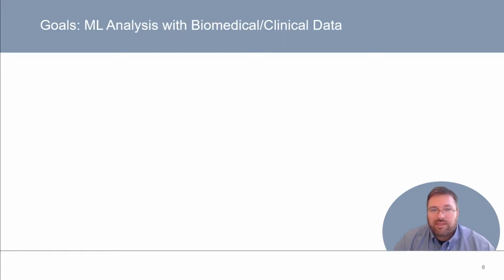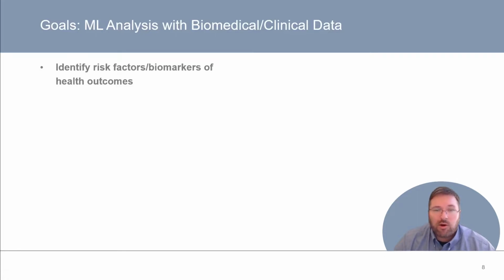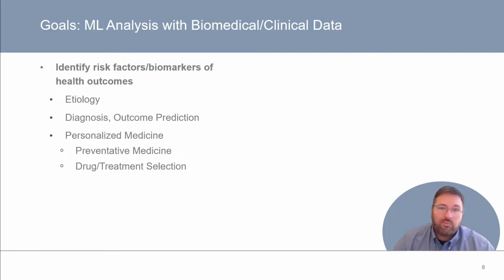Now let's take a look at some of the typical goals of machine learning when applied to biomedical or clinical data. First, we might want to identify risk factors or biomarkers of health outcomes. This might be in order to understand disease etiology, in other words, the cause of disease, to make diagnoses or other outcome predictions using those risk factors, or to improve personalized medicine by predicting who would benefit the most from preventative medicine or what drug or treatment to administer, if any.